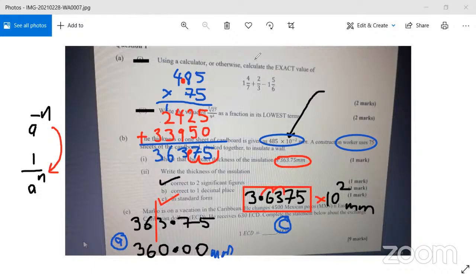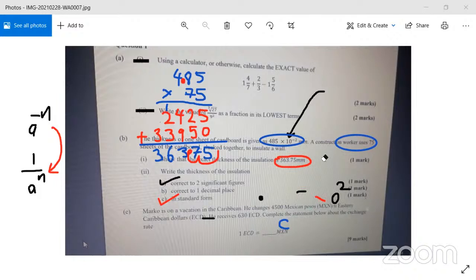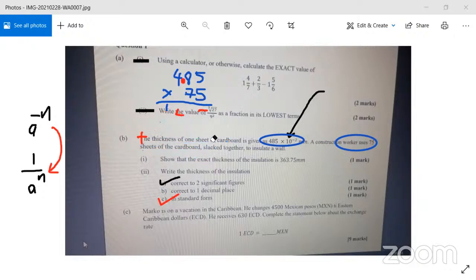Now the last thing would be the easiest one, which is one decimal place.